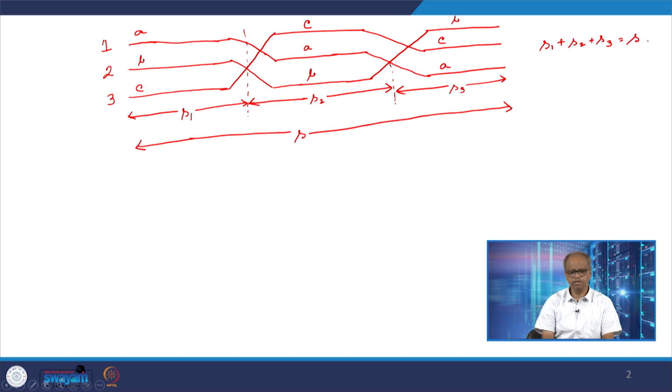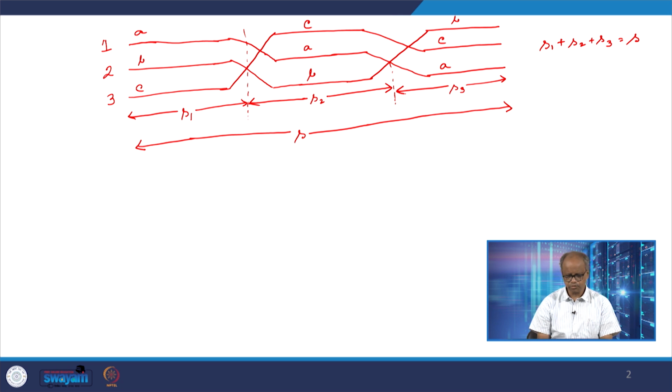So, here what is happening? The three phase conductors, phase A, B and C, occupy the positions 1, 2 and 3 for a distance of S1. Then phase A goes to position 2, phase B goes to position 3 and phase C goes to position 1 for a length of S2, and then lastly phase A goes to position 3, phase B goes to position 1 and phase C goes to position 2 for the last leg of length S3.